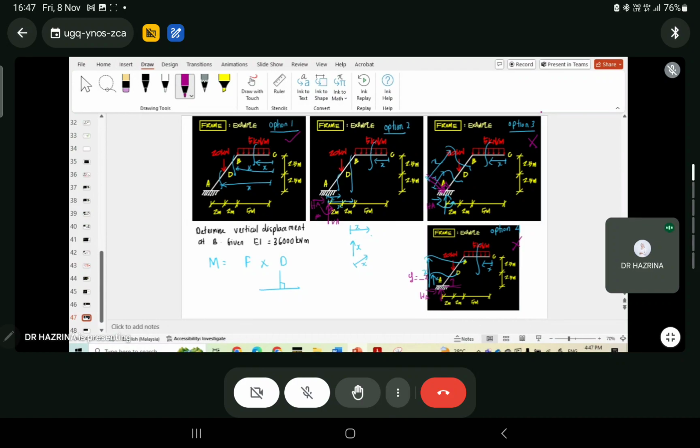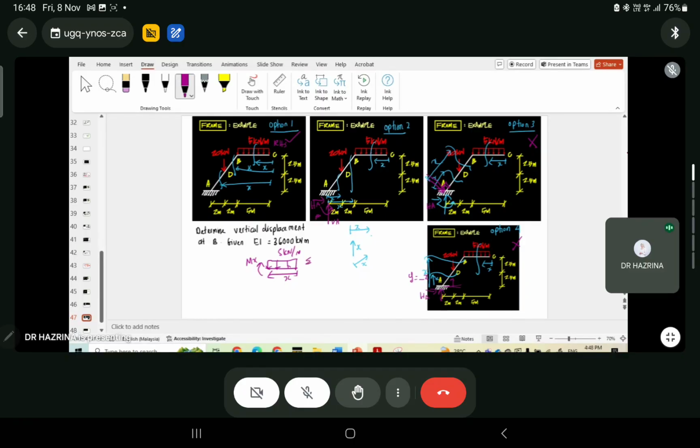Tetapi kalau you go for option 1, okay, if you go for this option, you even tak perlu cari reaction pun, sebab when you cut the section, okay, untuk option 1, right, if you go for option 1, what you need to have, okay, you ambil daripada right hand side, so here you akan dapat, alright, so you akan ada 5 kilonewton per meter, and then you akan dapat X, you ada moment, you nak kena cari MX, that's it.